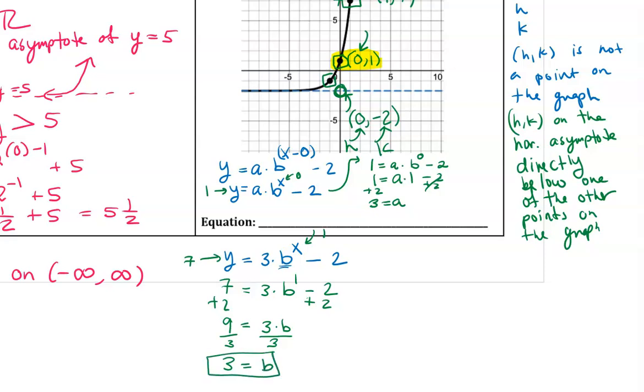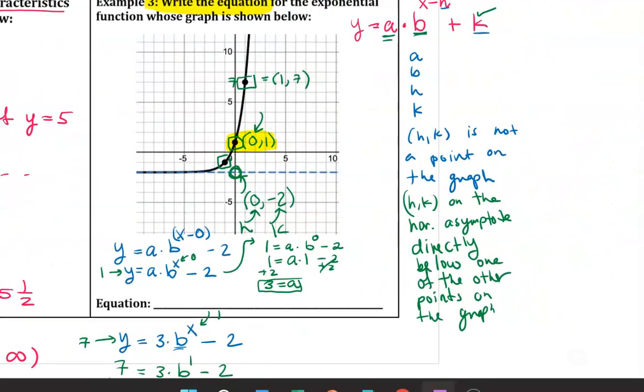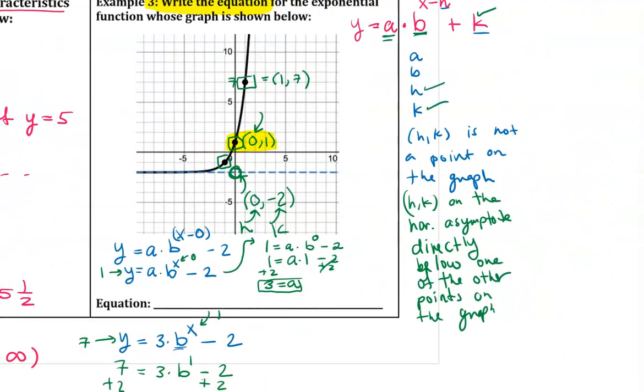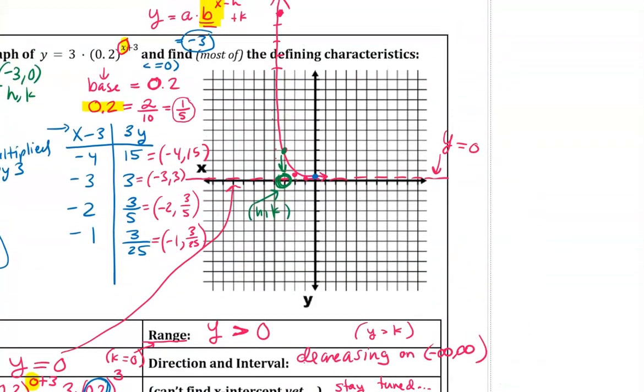So now I know everything. I know a is 3, I know b is 3, and I have h and k as well from allowing it to be this point that was on the asymptote and directly below this point right here. Remember, the reason I realized I can do that is because that's where h and k always end up. It always ends up directly below one of the points on our graph, but on the asymptote.